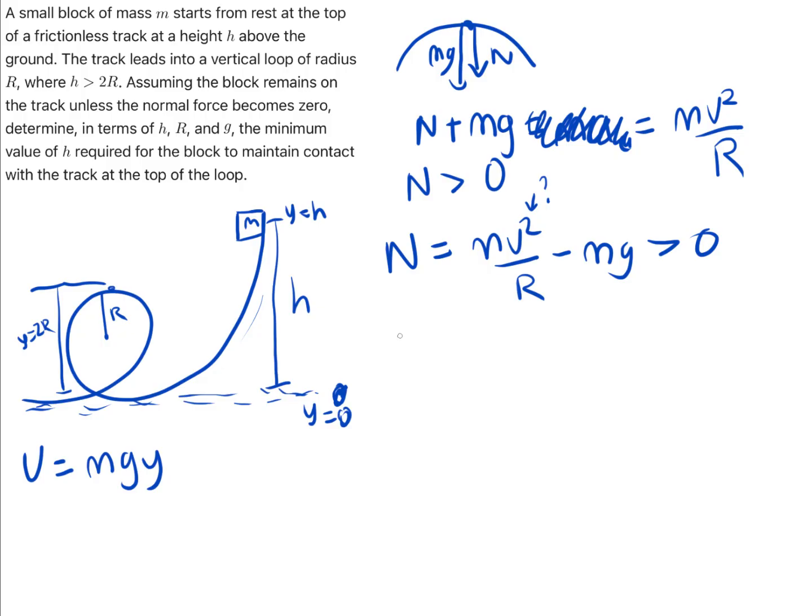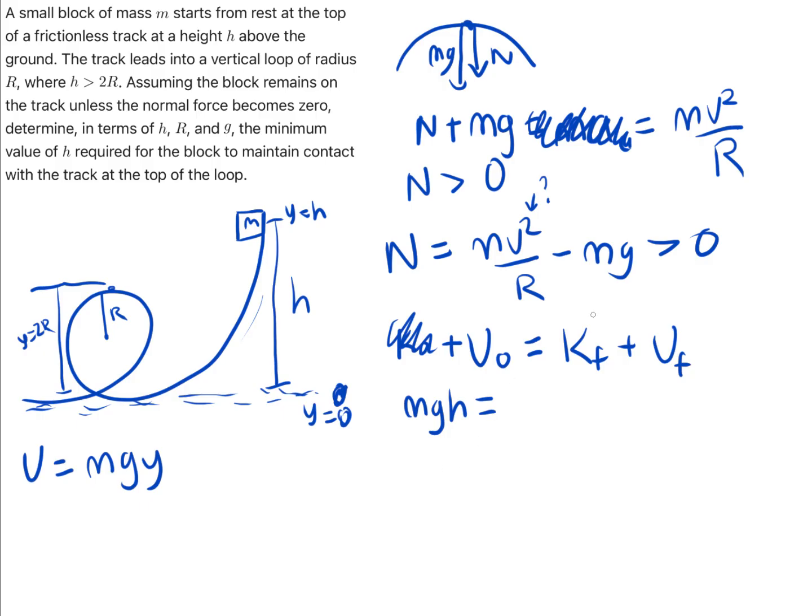So that means that the initial kinetic energy plus the initial gravitational potential energy equals the final kinetic energy plus the final gravitational potential energy. Since the block starts from rest, this initial kinetic energy term is 0. And now we can just plug everything in. So the initial gravitational potential energy is just mg, and y is h at the start.